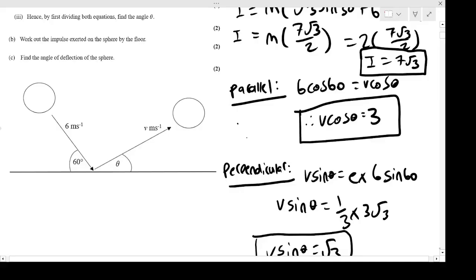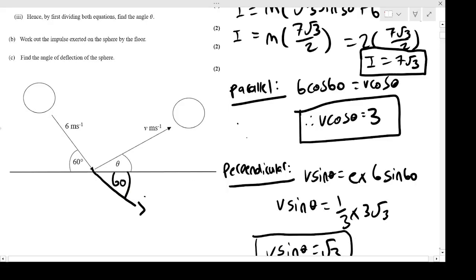To help see this, let me extend this initial speed here. Also remember that this angle between here and the floor is also 60. It matches this, because they're vertically opposite angles. So this angle is 60 here.